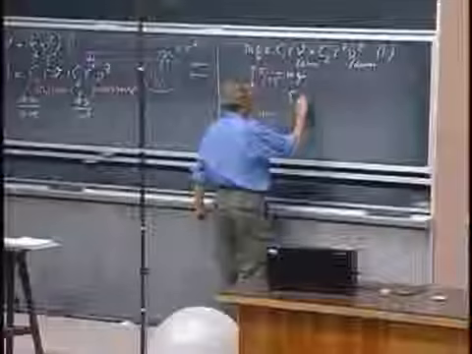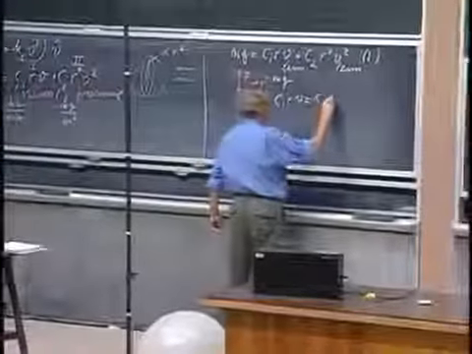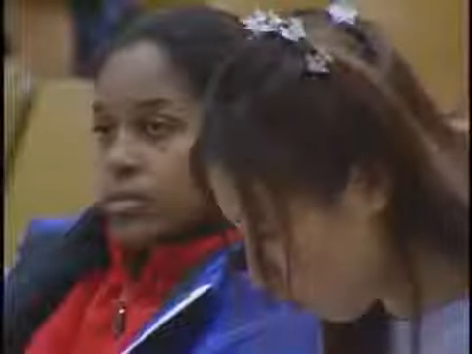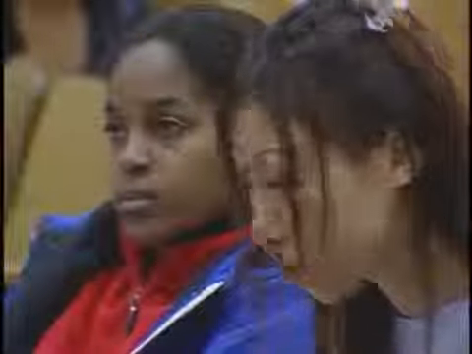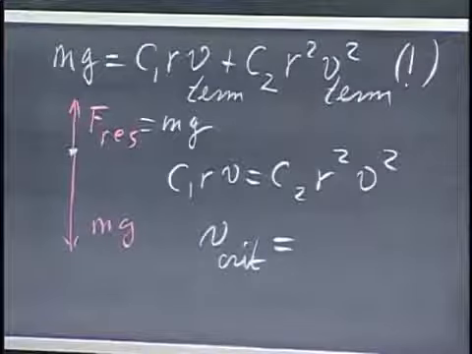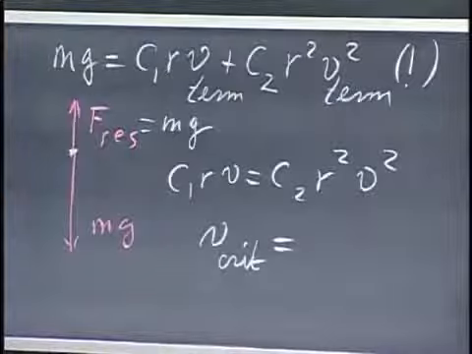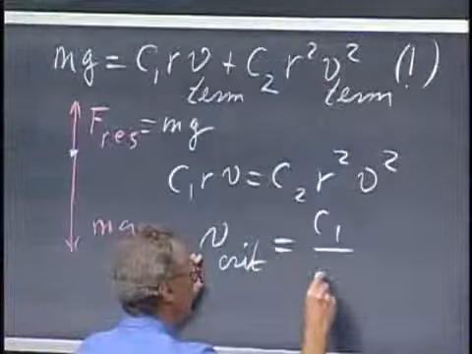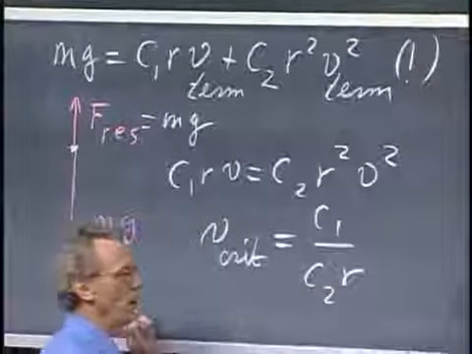So you get c1rv equals c2r squared v squared. And that velocity we call the critical velocity, even though there is nothing critical about it. It's simply the speed at which the two terms are equal. That's all it means. And that is, of course, then equals c1 divided by c2 divided by r.